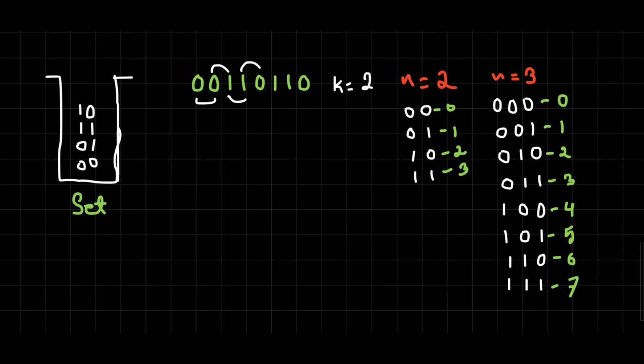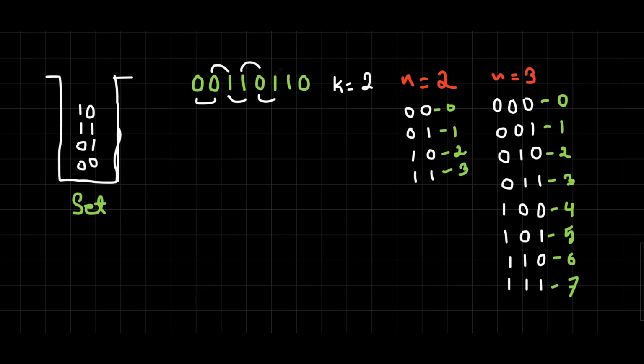Now, another possible substring of length 2 is 01. But wait, 01 is present here in the set. So if we want to insert 01 into the set, it will not be inserted because it has only one entry of the same value, 01. So this is the basic property of the set.